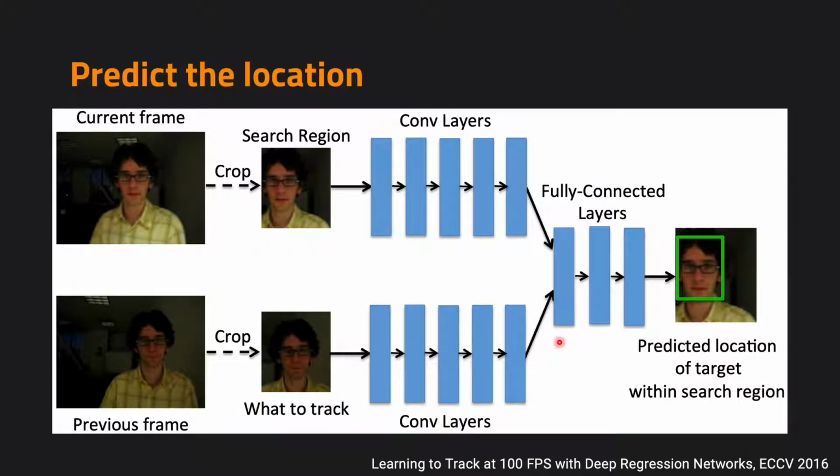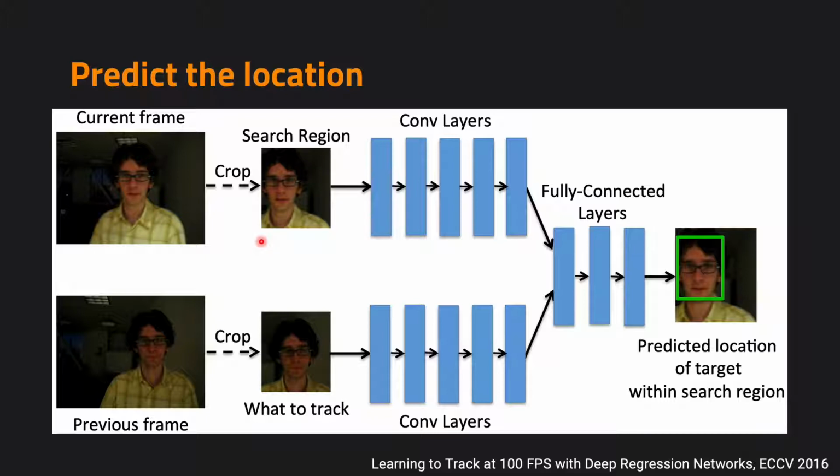And one way of doing that is to directly regress the location of the objects from the previous frame to the current frame. So, for example, we can feed the target from the previous frame to a network, and then on the new frame we can crop a search region.